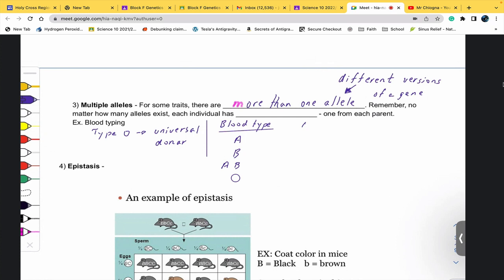We have here the genotypes that result in these blood types. We have A, which can have a combination of the allele IA and i, or IA, IA.